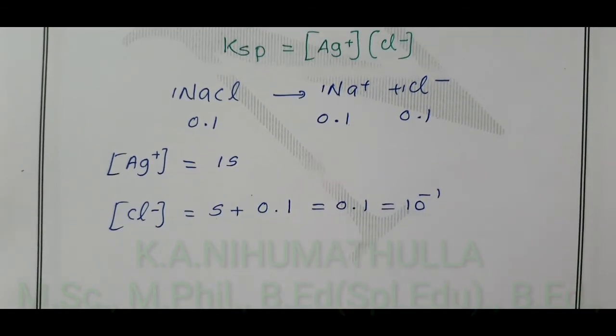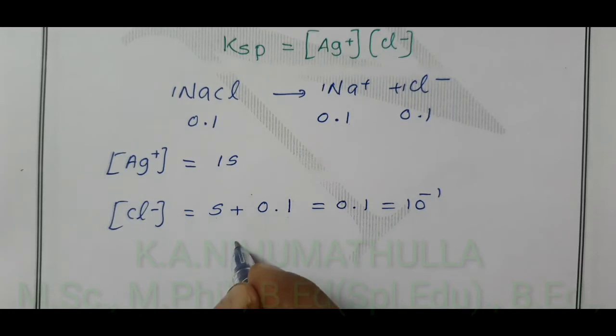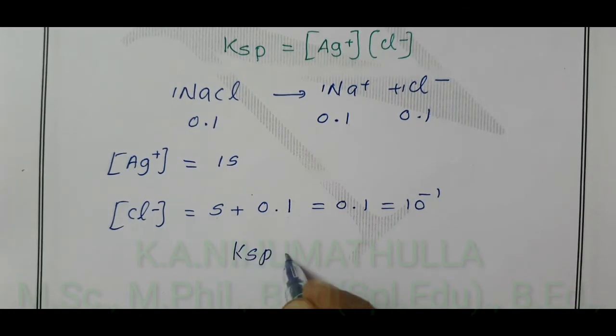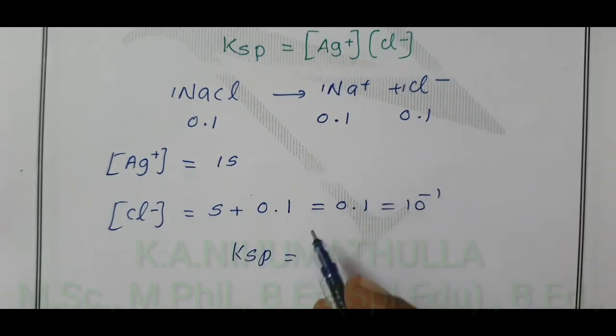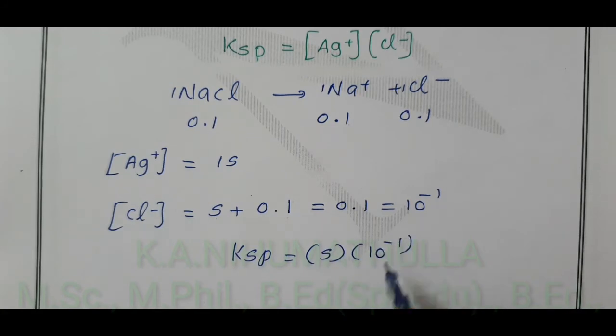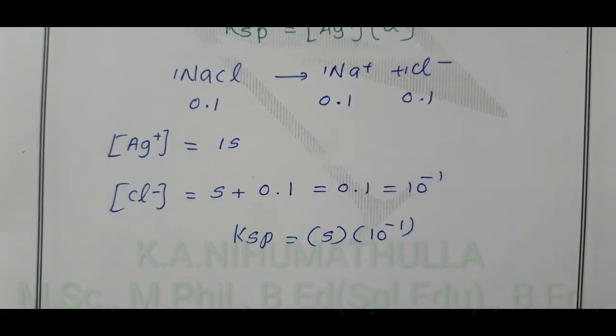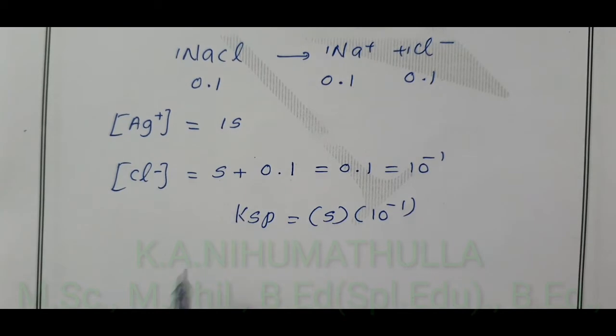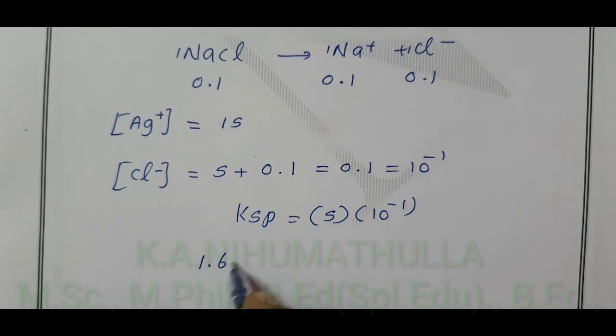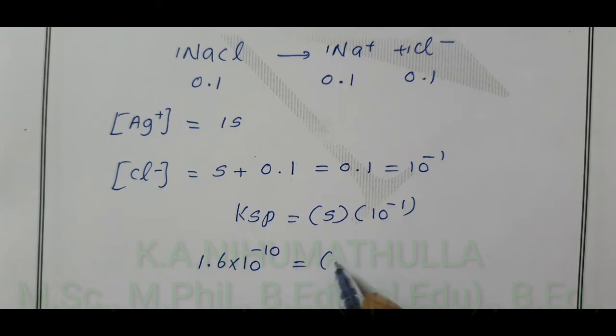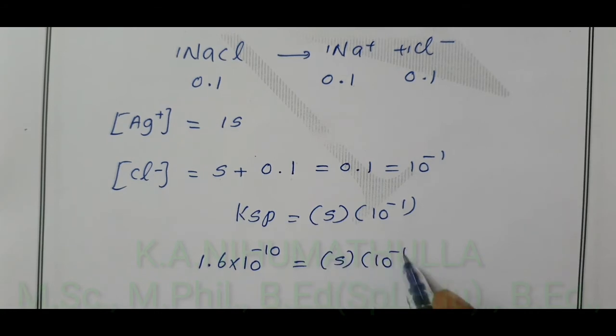The above equation is K solubility product equal to concentration of Ag plus ion is S, Cl minus ion is 10 power minus 1. K solubility product is given in our problem, that is 1.6 into 10 power minus 10 equal to S into 10 power minus 1.